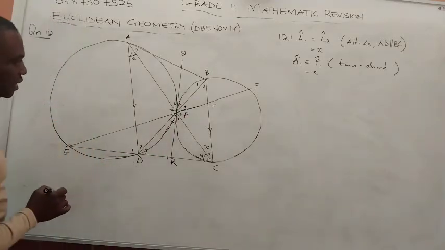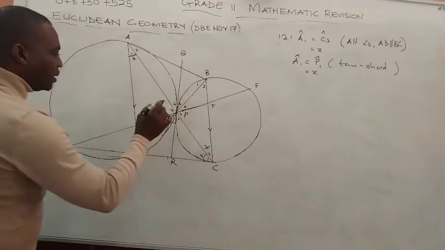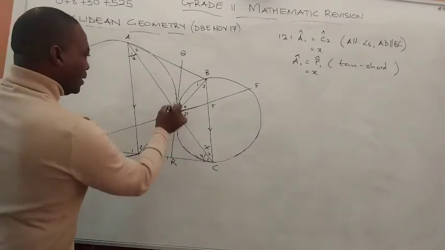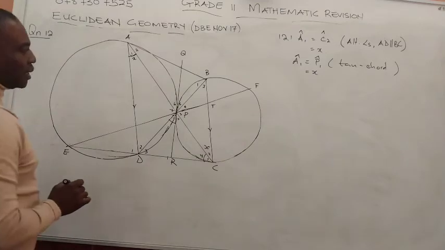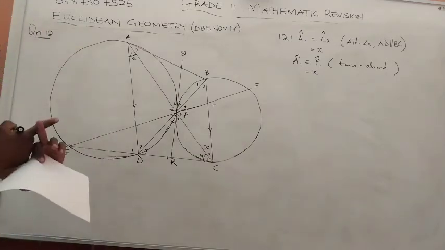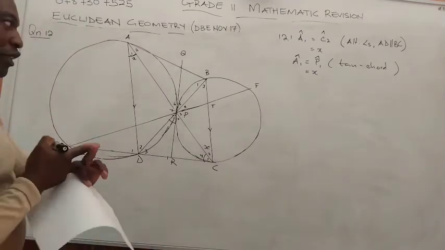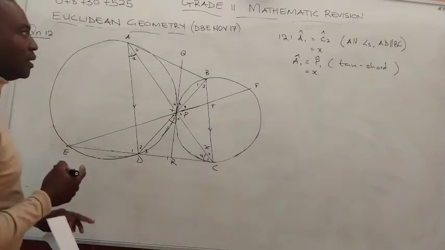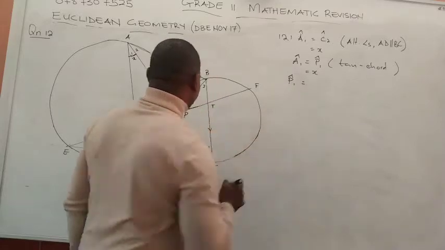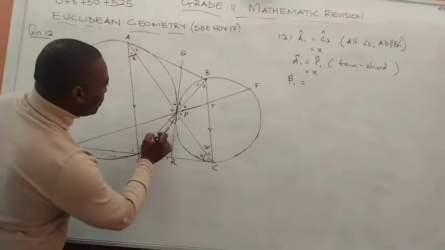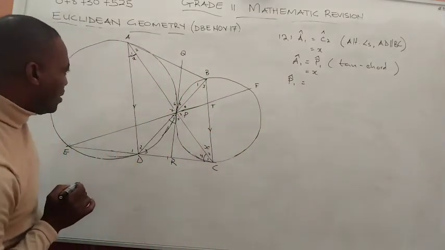Chord DP continues, and then the tangent also continues to Q. So that means we have two lines that are crossing and that produces vertically opposite angles. So we are also saying angle P1 is vertically opposite to angle P5.